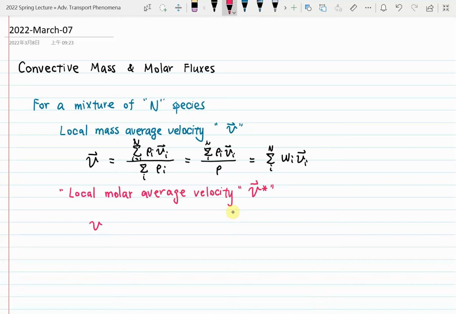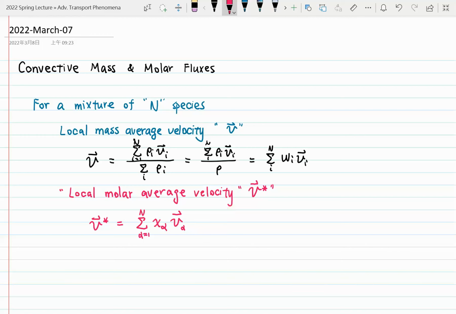V star similarly equals the sum using mole fraction instead of mass fraction, so it is the molar velocity of each component multiplied by its mole fraction, added together.